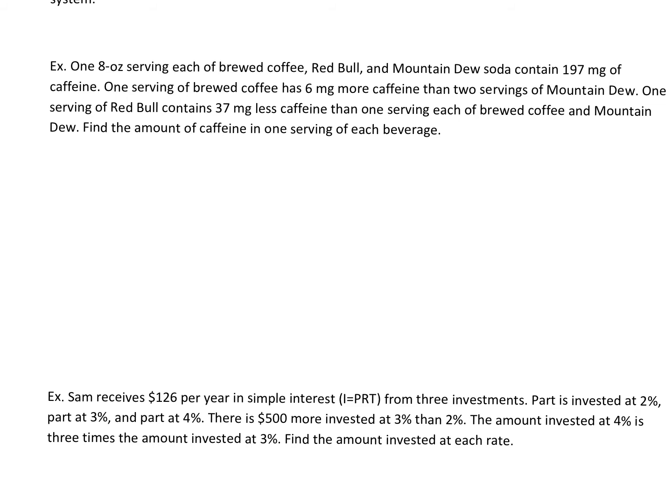So we're going to start here by identifying what our variables are. What we want to know is how much caffeine is in one serving of each beverage. So we're going to say the caffeine in one serving of, and then we'll just write all three of these.